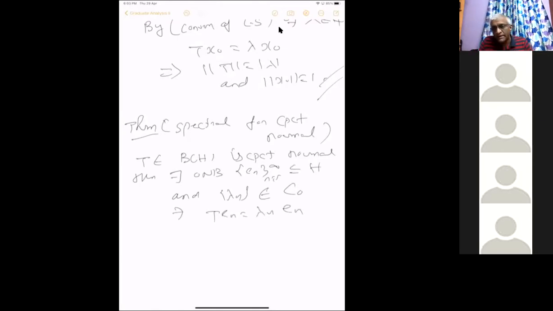For it to be a bounded operator, lambda_n has to be in l infinity. But for it to be a compact operator, it has to be in c_0, that is, lambda_n goes to 0. c_0 is the Banach space of all sequences converging to 0 with the l infinity norm.